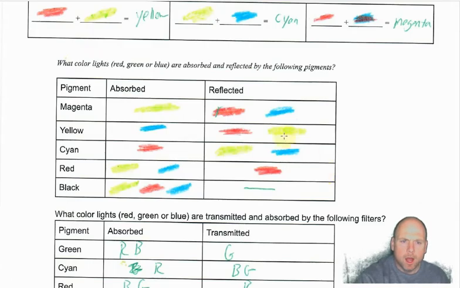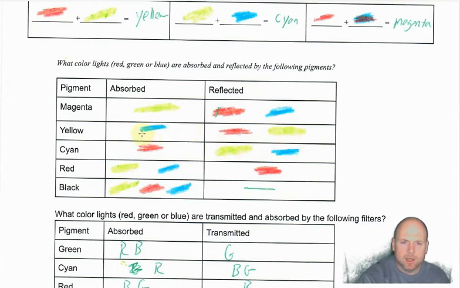I went through this in the video, but I was talking through this while you were taking notes, so here they are in the notes. Pigments. Pigment is the color, so magenta pigment absorbs green, and it reflects red and blue. Yellow pigment absorbs blue, and it reflects red and green. And I'm looking at these. My blue looks like a cyan. My green looks like a yellow.